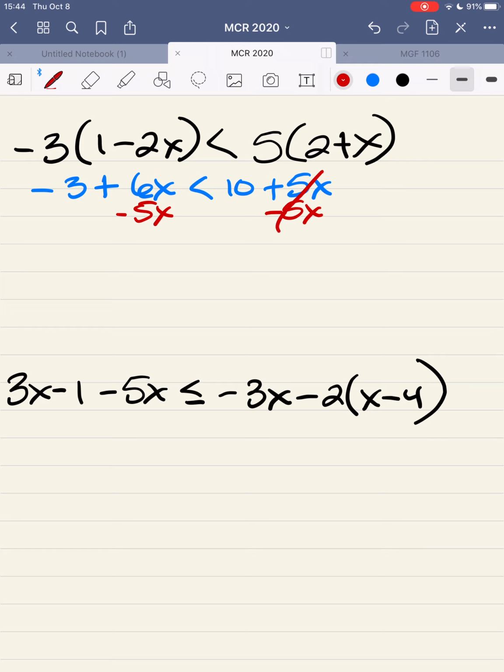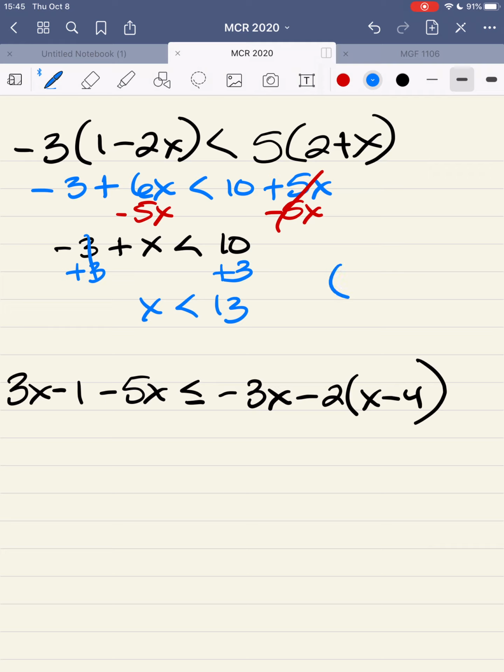Those are going to cancel, and I'm left with negative 3 plus 1x, or just x, is less than 10. Adding 3 to both sides, I have x is less than 13.